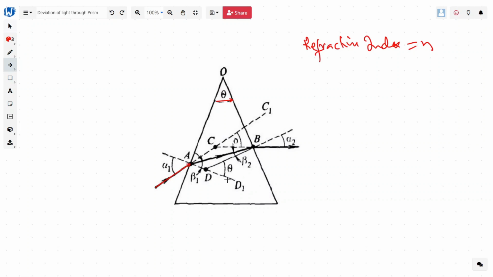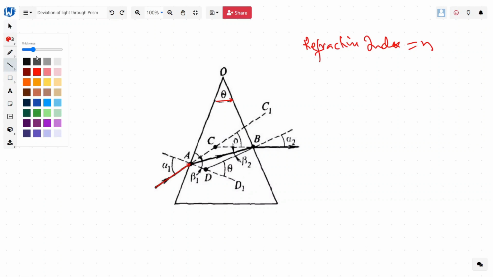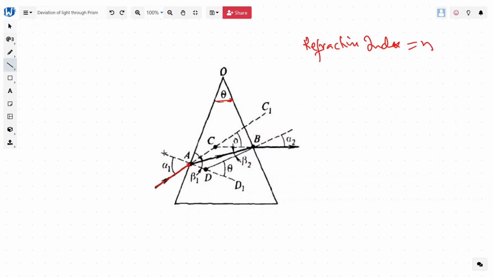As you know, it is entering, so the medium is changing, and first things first, we need to understand the physics here. So we need to draw our normal. Let's draw our normal like this, and as it is entering a denser medium, it will bend towards the normal, so the ray will go like this.